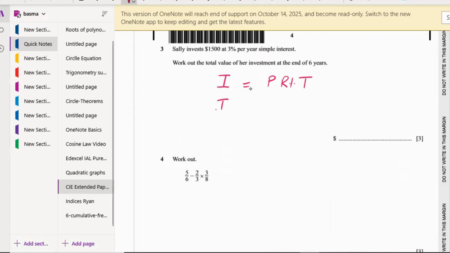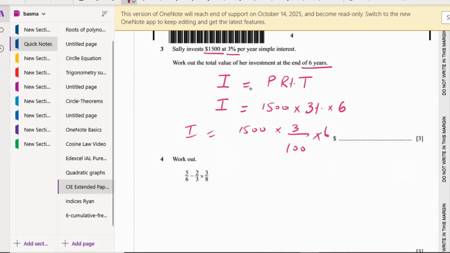The principal is 1500, times the rate 3%, times the time 6 years. So I equals 1500 times 3%. To remove the percentage sign, you divide by 100, times 6.